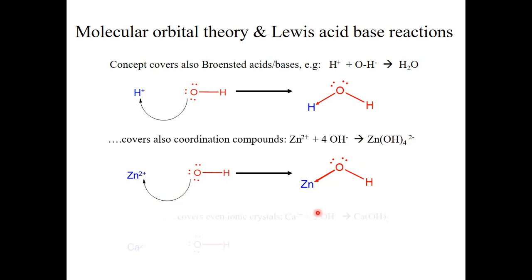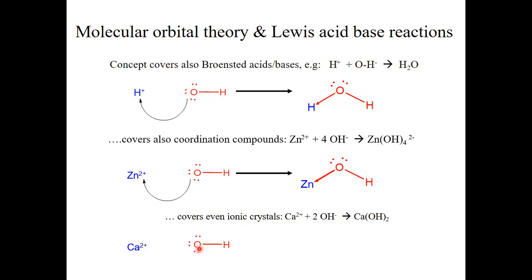You can even explain ionic crystals this way. So, for example, when you have a reaction between calcium 2 plus and 2 hydroxide ions to form calcium hydroxide, which would just precipitate out of your solution, then you can view this as a Lewis acid base reaction if you want to.